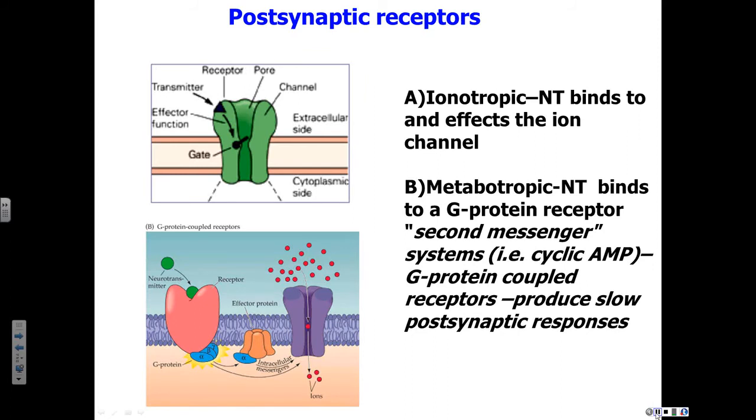And this would be much slower because this would take seconds to minutes, whereas once the ligand bound, this would take milliseconds. So this is a much slower process. But it has much more regulation because you've got neurotransmitters, G proteins, etc. So both methods are used. And these terms, you got to know, ionotropic and metabotropic.